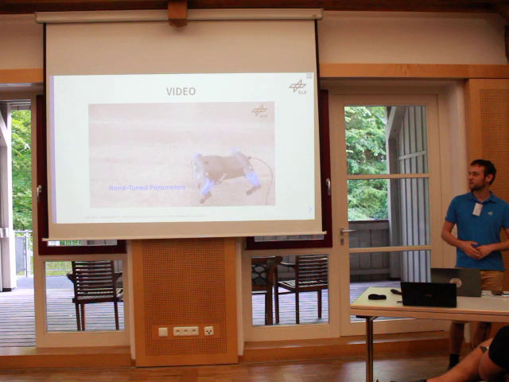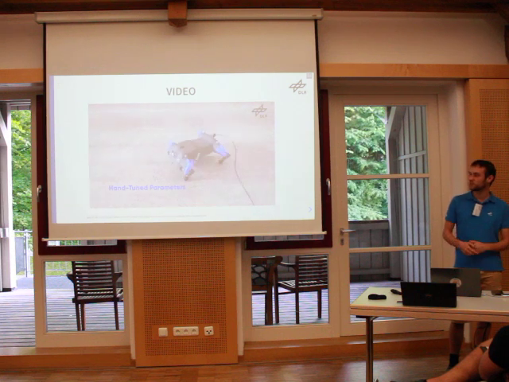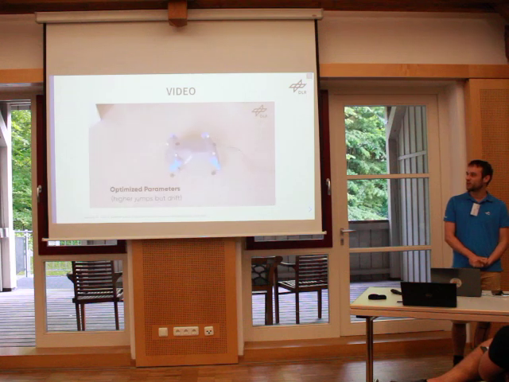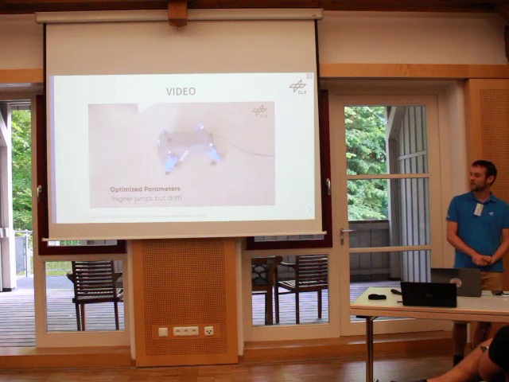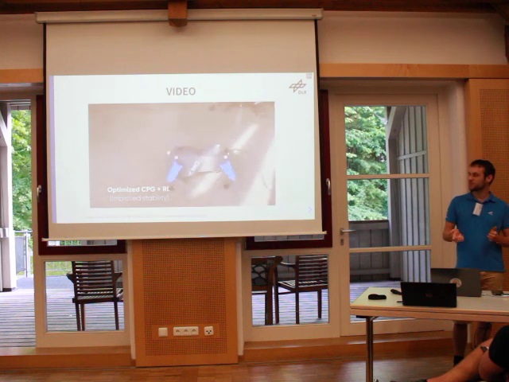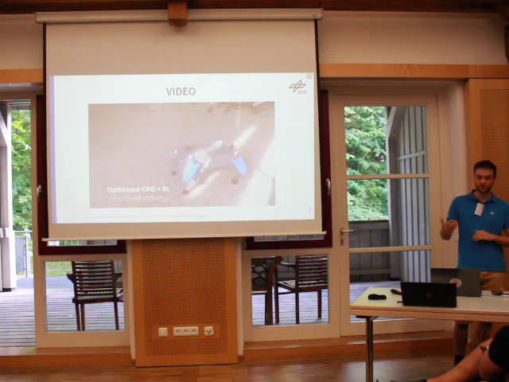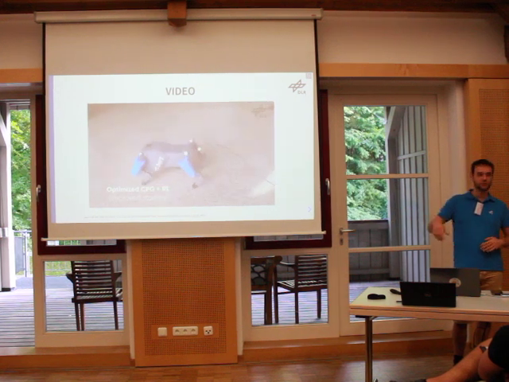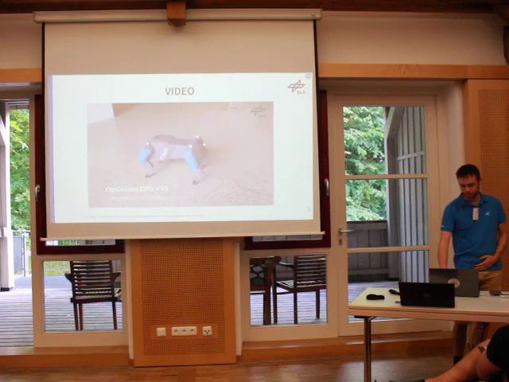And here you see the stabilization of pronking. Having only an open loop policy for pronking will only work up to a point, but as soon as you destabilize it or have some disturbances, then it won't work anymore. So adding RL here helps stabilizing and avoiding also the drift for the robot.